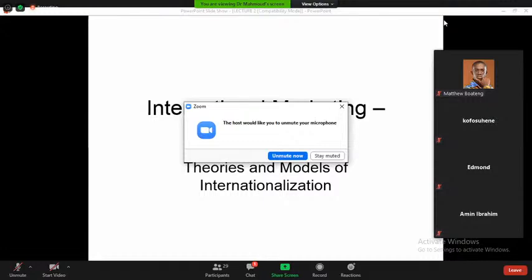Okay, so let's start with our second lecture. We are looking at theories and models of internationalization. There are several theories that guide business people or international marketers as they move into the international market.